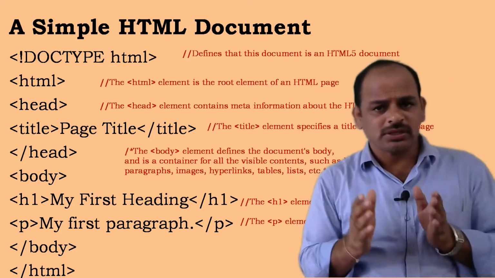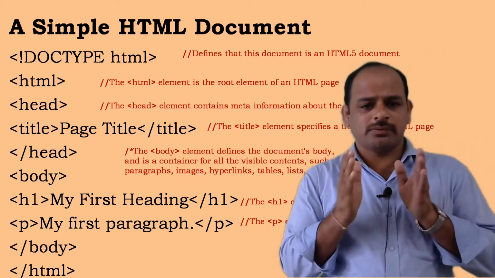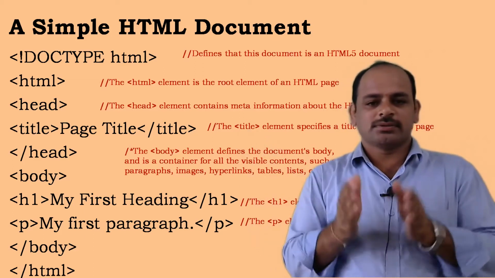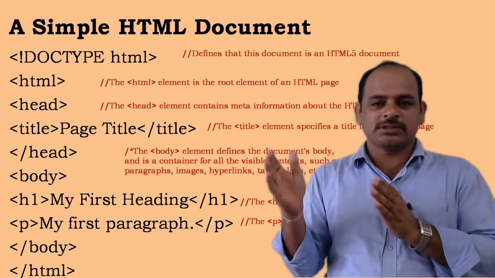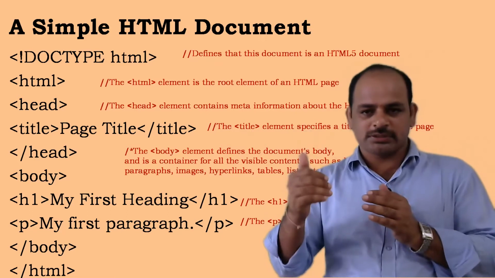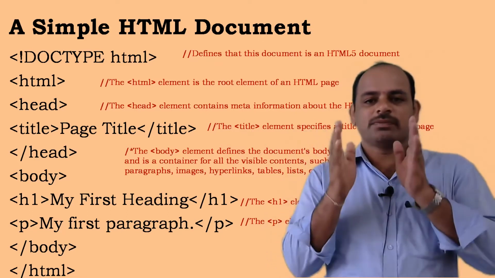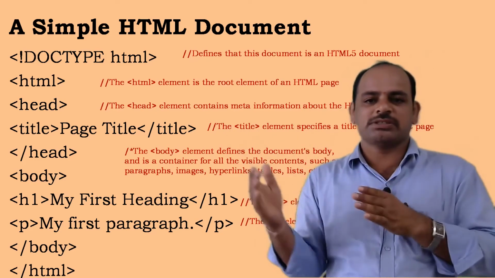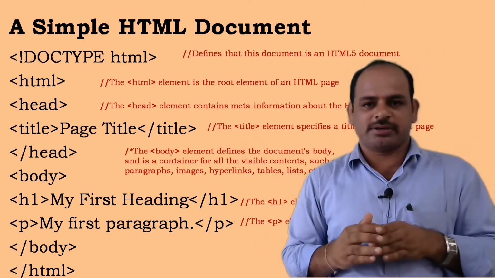Basically, there is a subscript value 1, 2, 3, 4, that is H1, H2, H3, H4. So 1 represents a large heading, 2 is smaller, 3 again smaller, 4 again smaller. The font size displayed in the web page will change based on the heading tag, right?